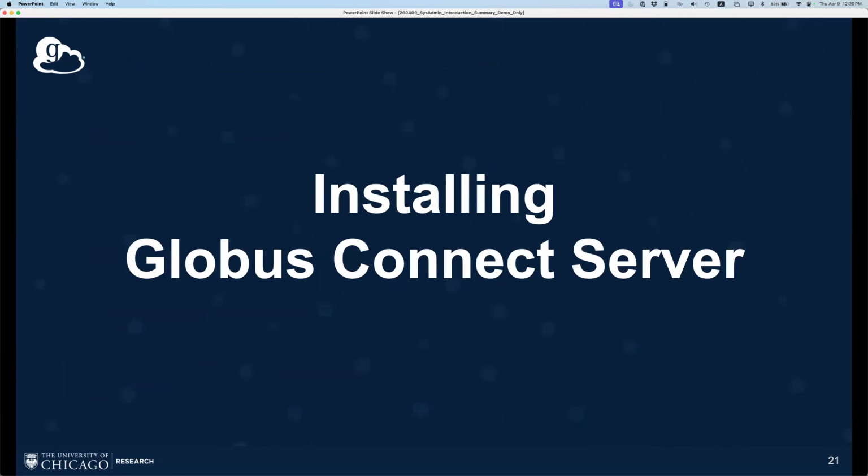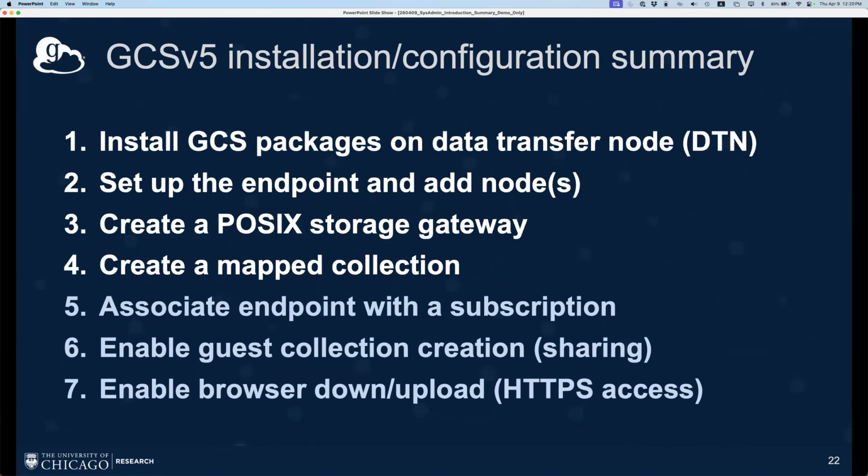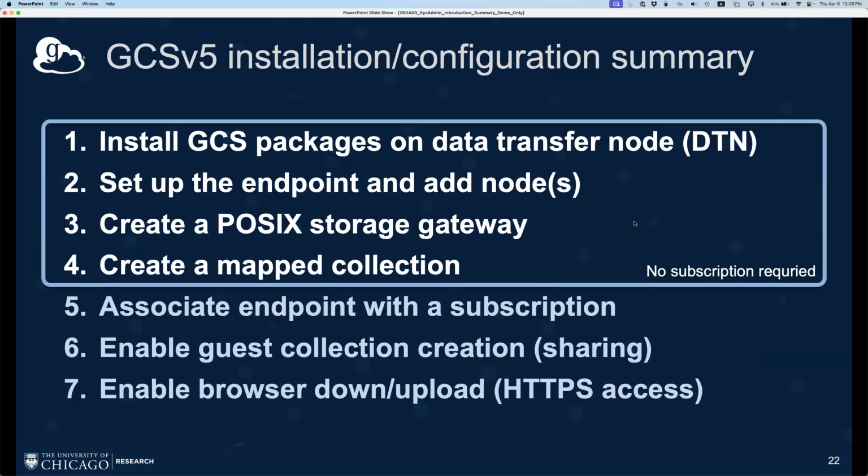Okay, so all that said, let's actually talk about how we install and configure Globus Connect Server. What I'm going to talk about here are, I've got 7, actually, I think maybe 8 things lined up, but the ones that are highlighted in white here are the things that you can do without a subscription.